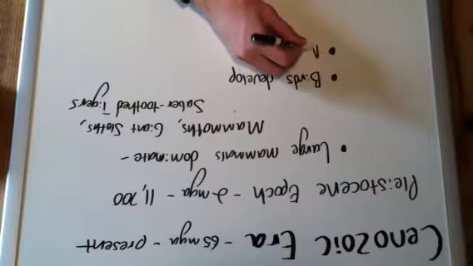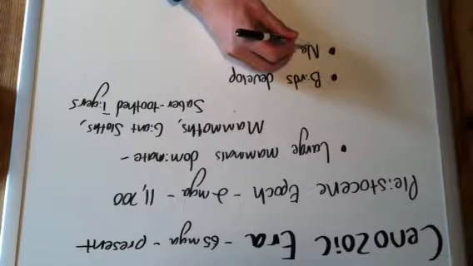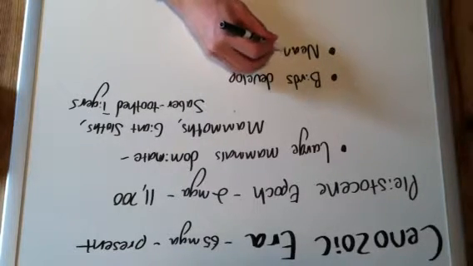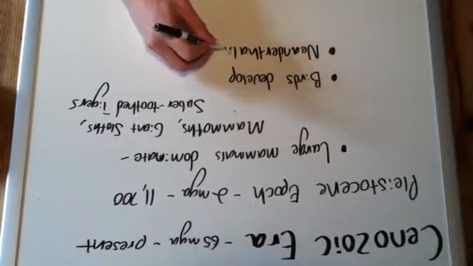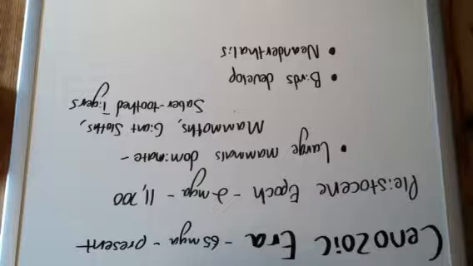And finally, just a little fun fact here, this is when Neanderthalis lived, or more commonly known, the Neanderthals. You know, those bigger, bulkier, dumber-looking humans. This is when they lived. Found in Europe, I think. I'm not an expert on these sort of things.